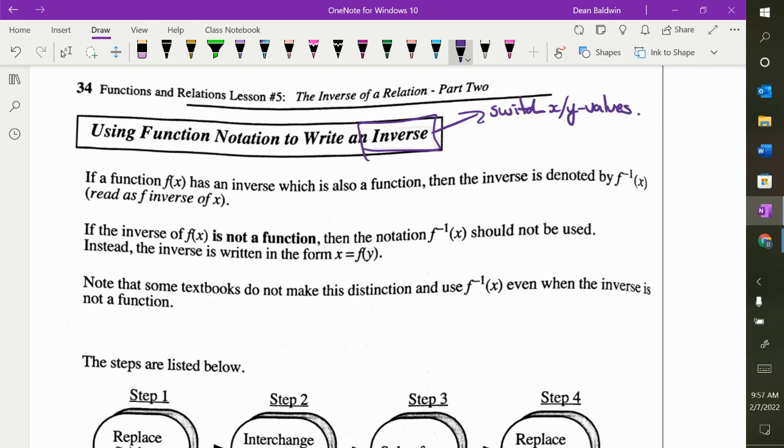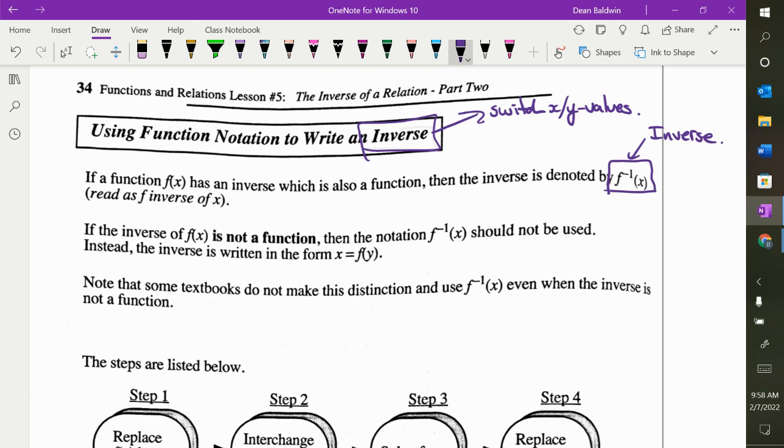Okay, so there is a notation to represent the inverse function. There's two of them, but this is the one you're going to see most often. f to the minus 1 means the inverse. If you see this, it means the inverse of x.